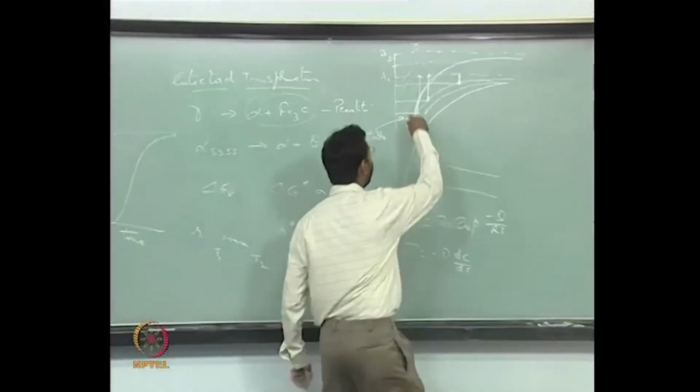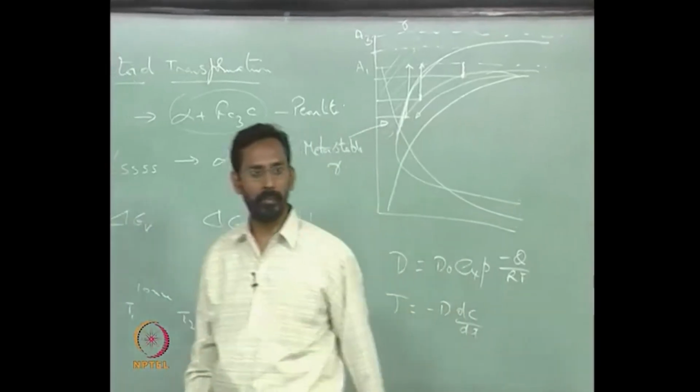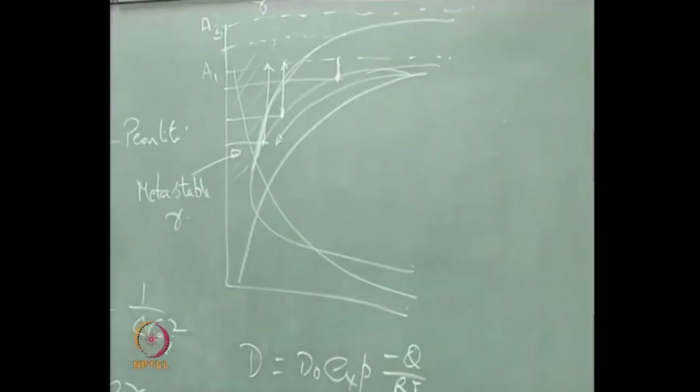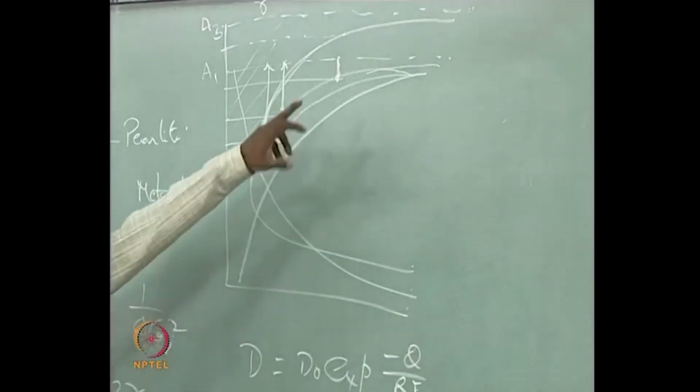So, if I put that, you will see another curve coming, that is the time taken for a given R star at any given temperature, and because of these two combinations, you would get a C curve.